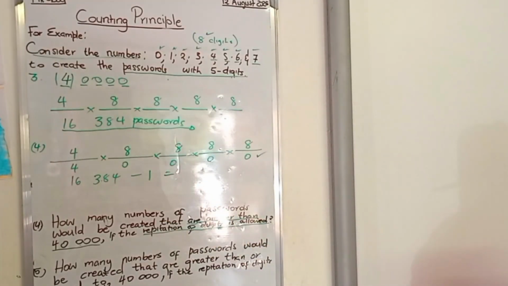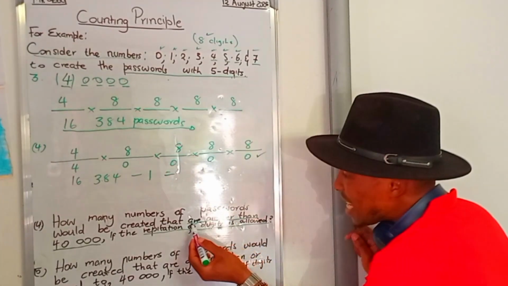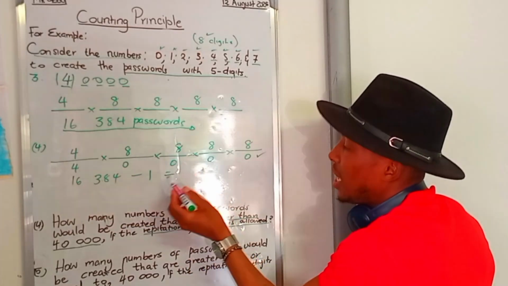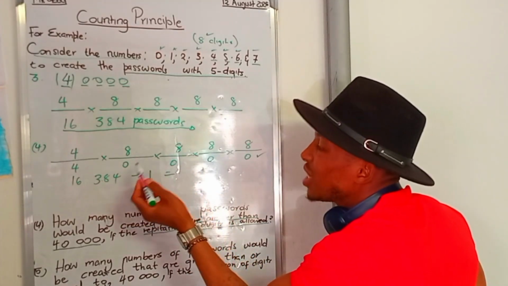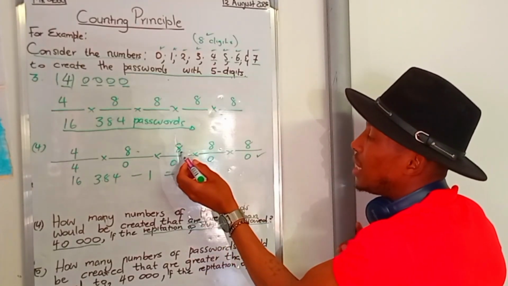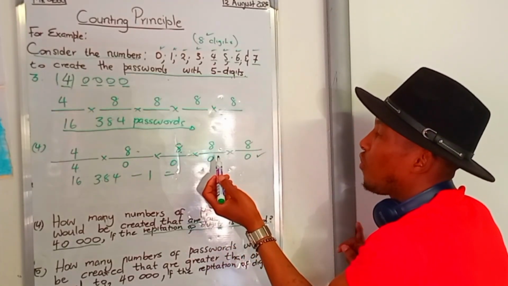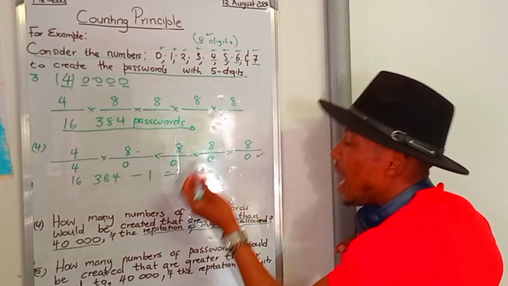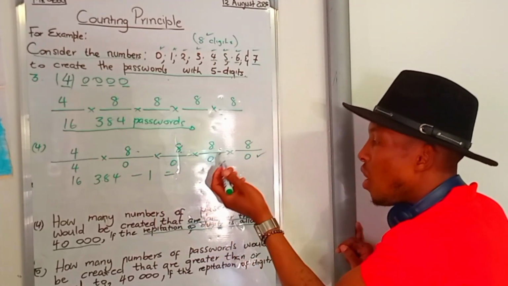Why are we minusing 1 code? It's because we have an exact code that is equal to 40,000, because 0 is included here on this total number of events, and it might be choosing 0 here as well.